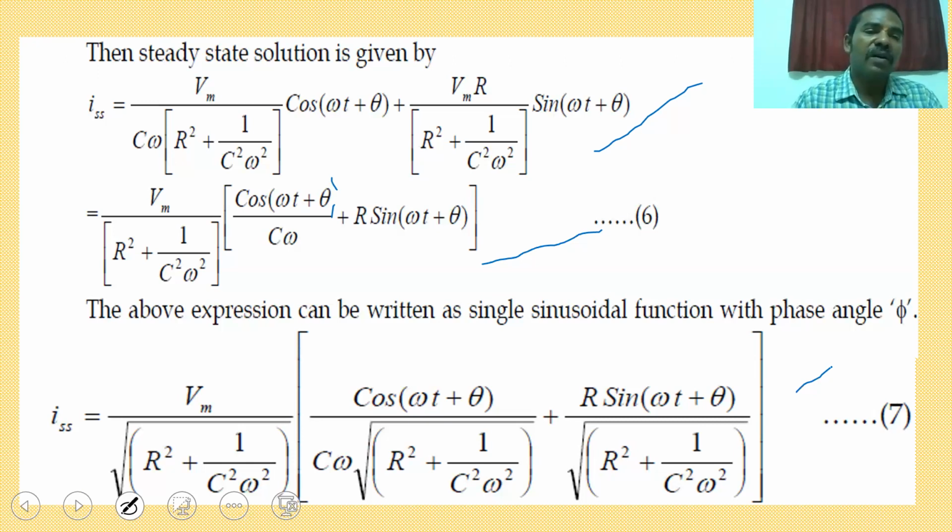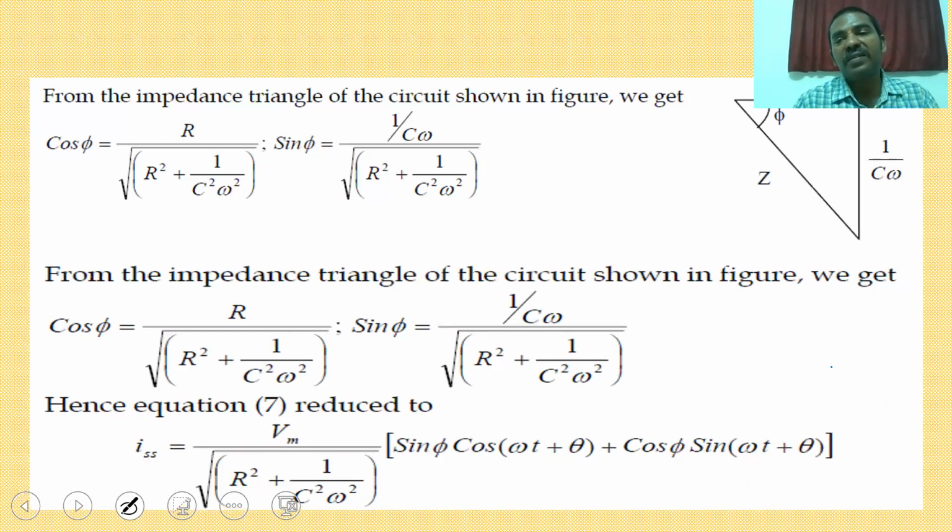Okay. So now the impedance triangle for the RC circuit: horizontal is resistance, vertical is capacitive reactance, and the hypotenuse is your impedance value. So impedance is root of R square plus 1 by C square omega square. So cos phi is R by root of R square plus 1 by C square omega square, and sin phi is 1 by C omega divided by root of R square plus 1 by C square omega square.